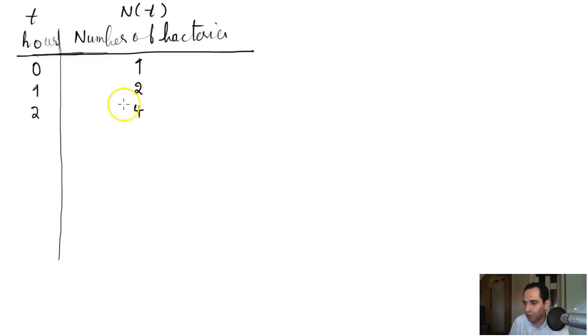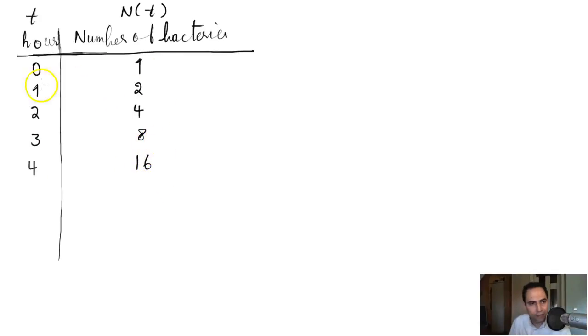And when t is equal to 3, the number of bacteria is 8. And when it's equal to 4, the number of bacteria is 16, and so on and so forth.